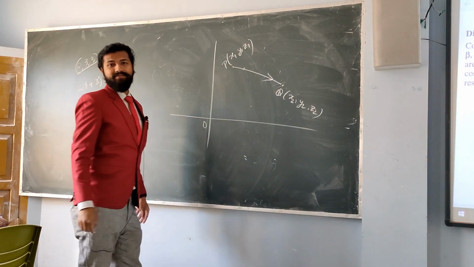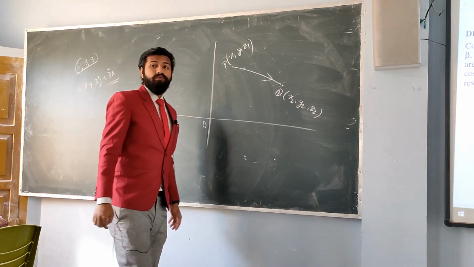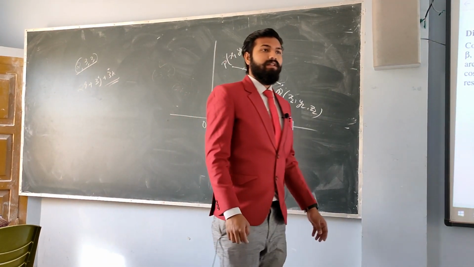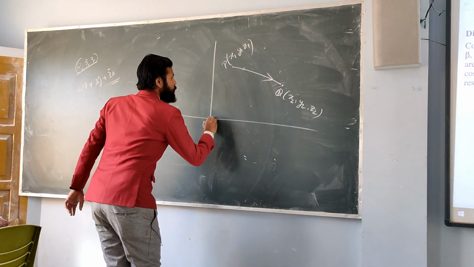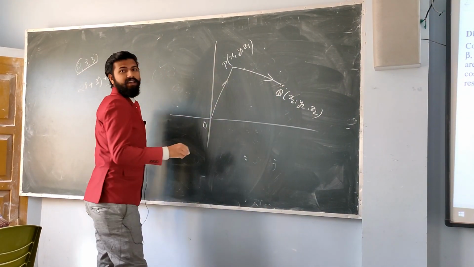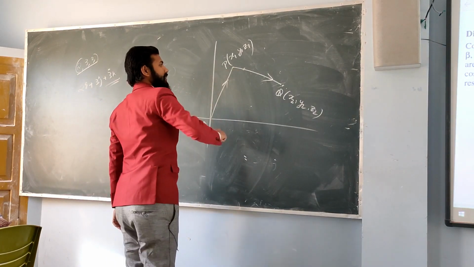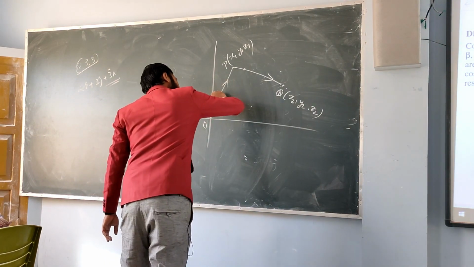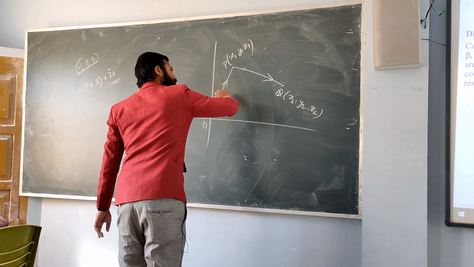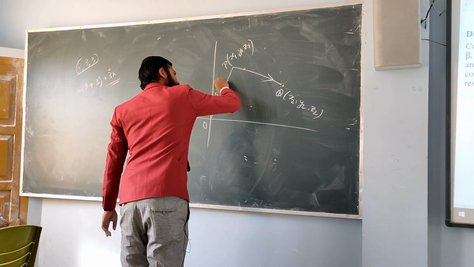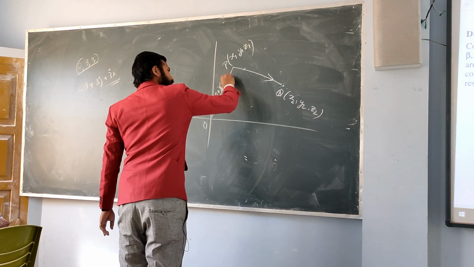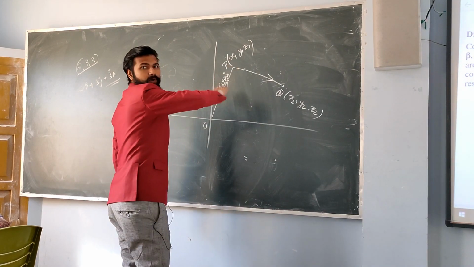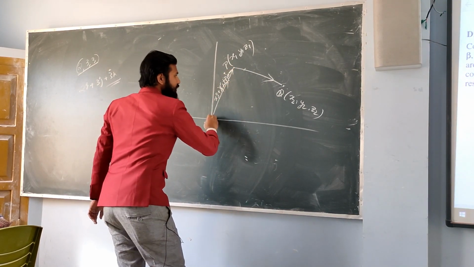How will you find it? If I ask you what is OP vector, easily you can say x1 i cap plus y1 j cap plus z1 k cap.